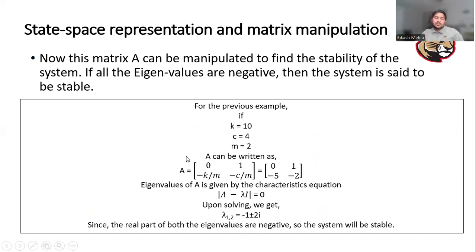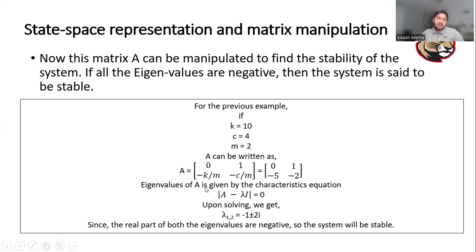Now I am going to find whether the system is stable or not by finding the eigenvalues of the same state space matrix that I found in the previous slide. Putting in some arbitrary values of k equals 10, c equals 4, and m equals 2, I have found my state space matrix.